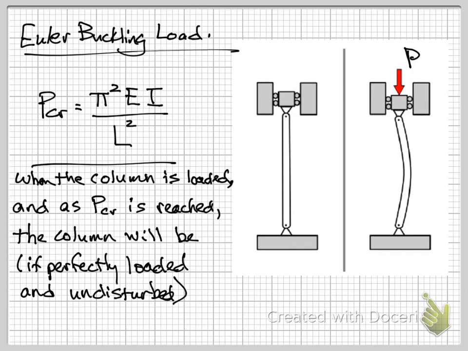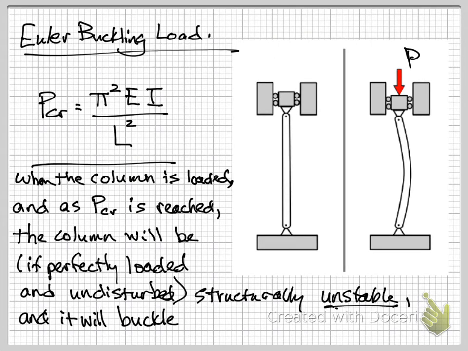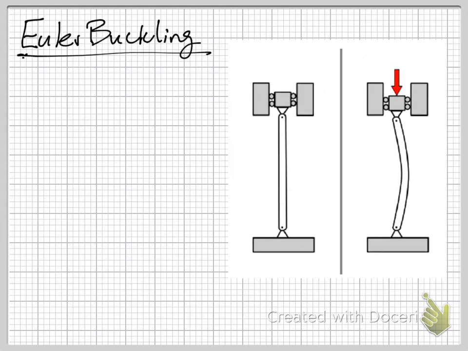If the column is perfectly loaded and undisturbed, it will not buckle, but it will buckle if disturbed. In reality, the perfect loading and undisturbed condition is not possible to exist. And so we know that once the critical buckling load is reached, the column will buckle.